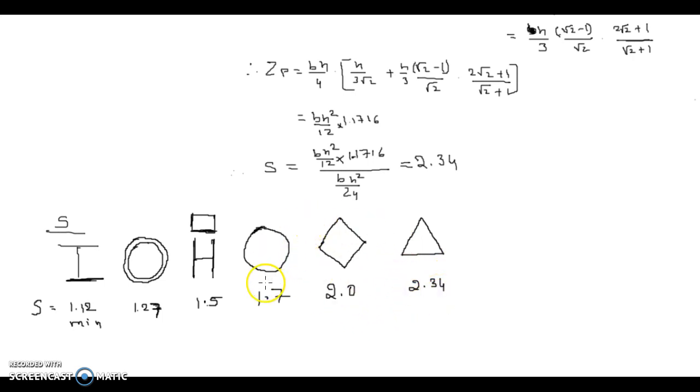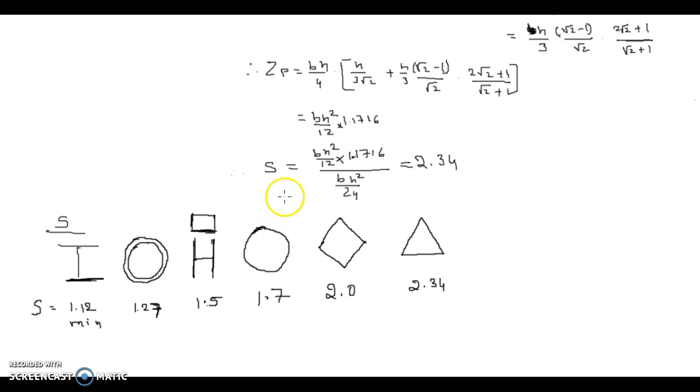And so having higher values, these are not actually suitable as beam sections, because they are not very efficient sections. This is what it means. Okay, that's good, and this is necessary. This is a favorite question that usually comes up in the examination.